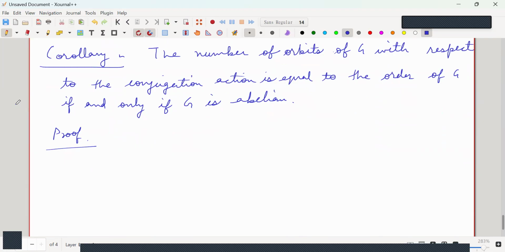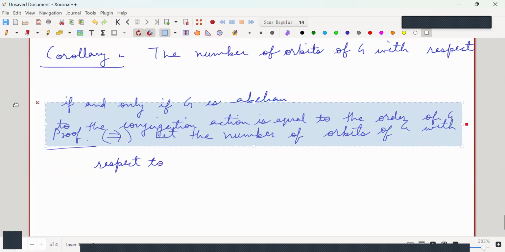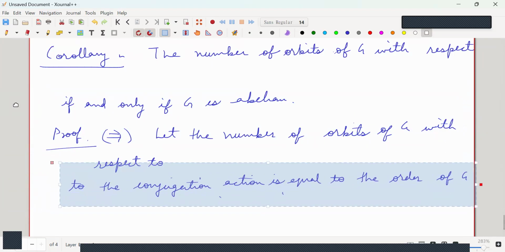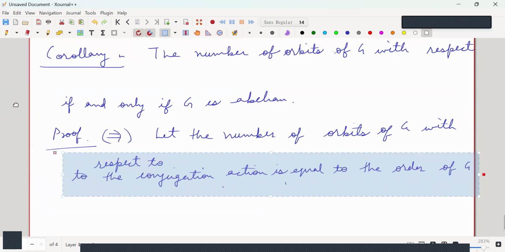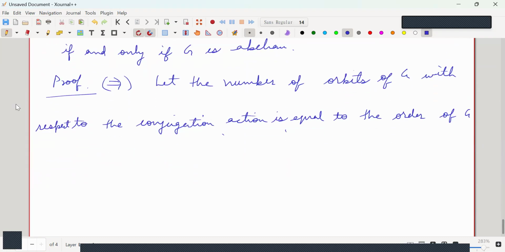Let's start with the forward direction. Let the number of orbits of G with respect to the conjugation action be equal to the order of G. Let's assume that.